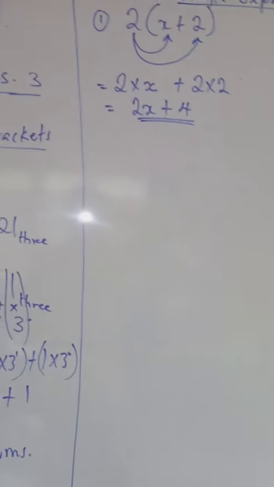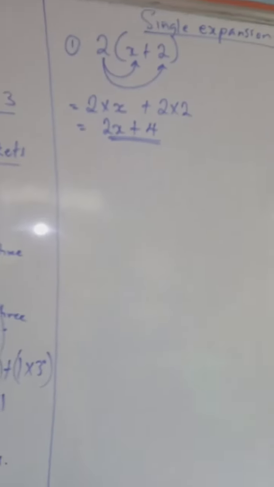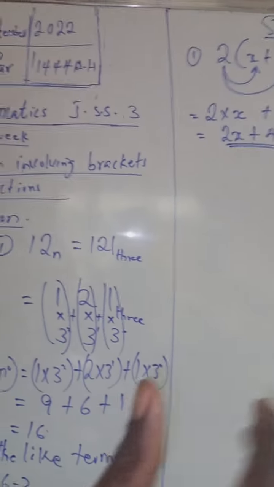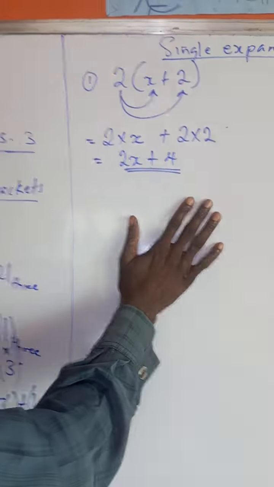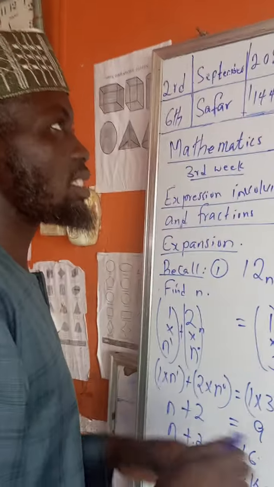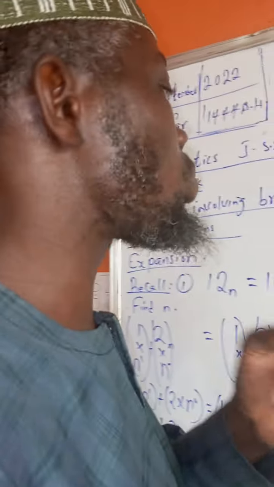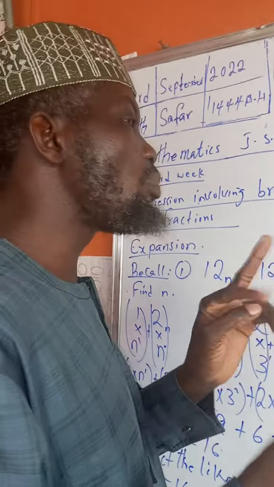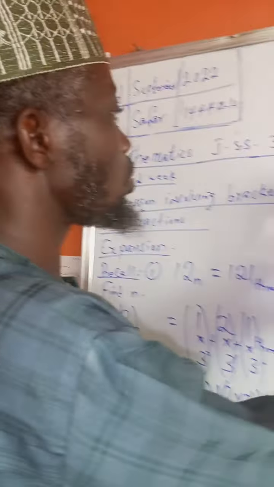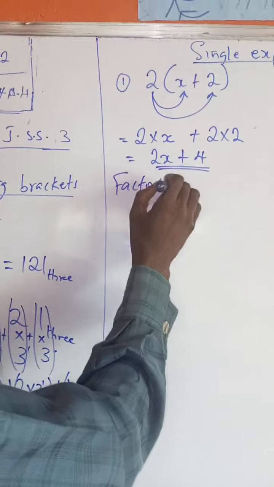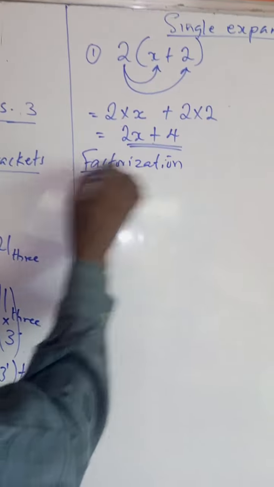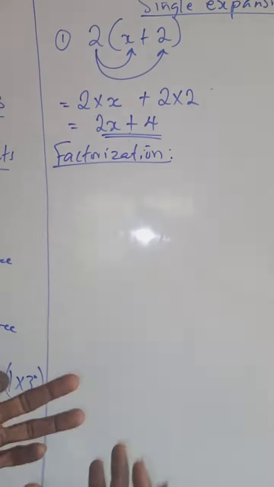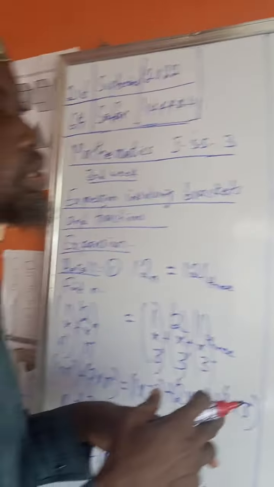But what I do for JSS3 is that immediately after this topic, I come in with factorization. Why am I doing that? Because I know that expansion is the opposite of factorization. So let me say factorization. I like instant linkage.